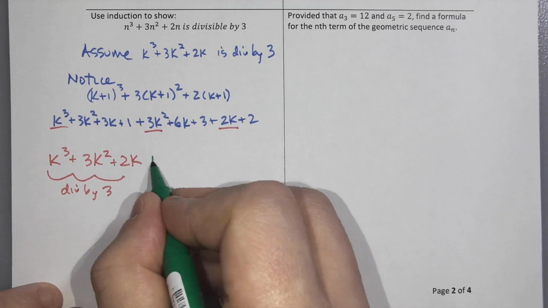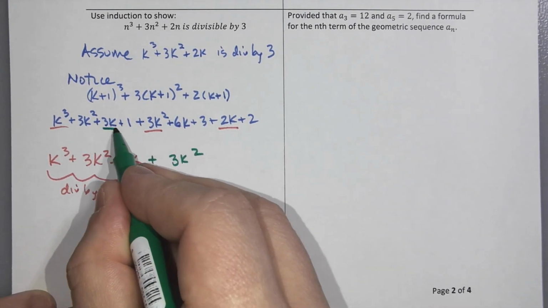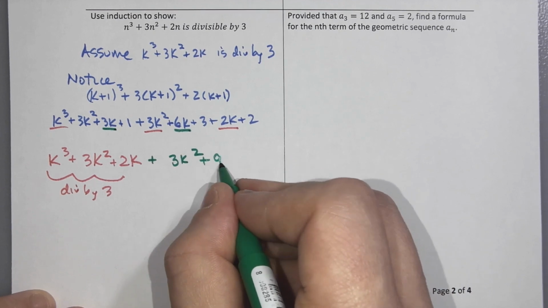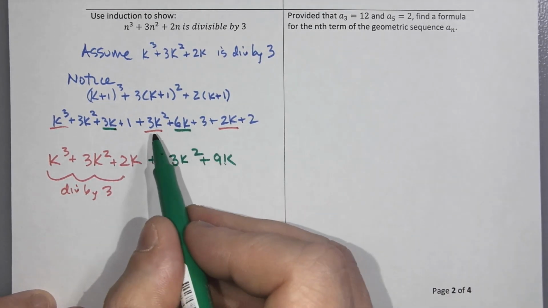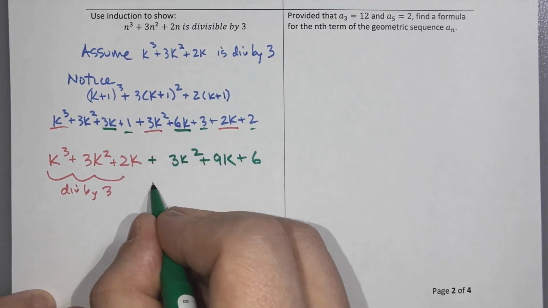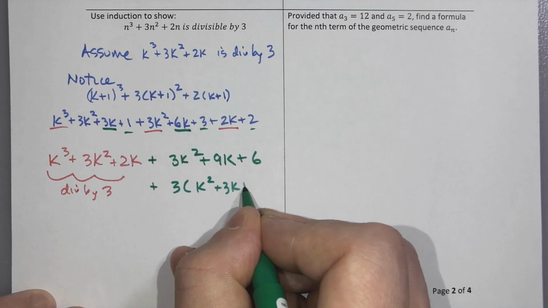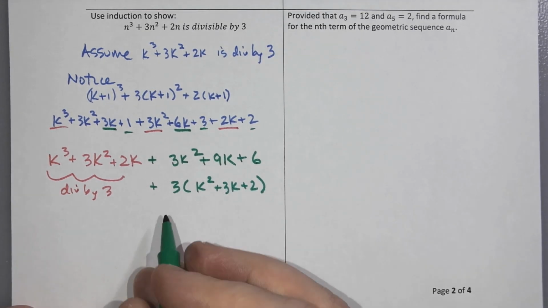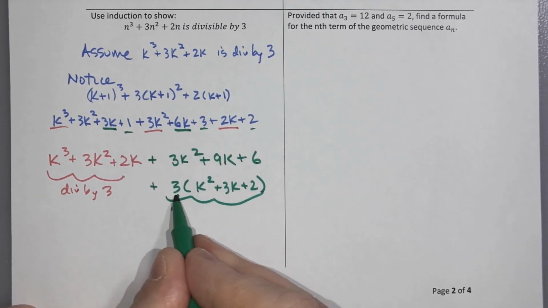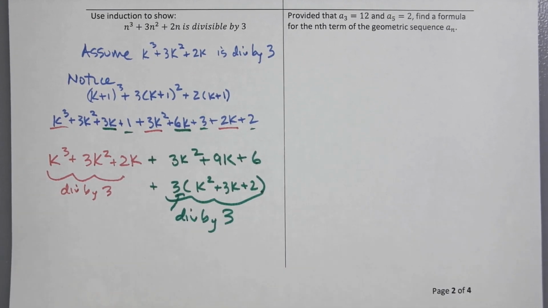And then what's left over is 3k squareds, 9k's, and then 1, 4, 5, 6. So what's left over is 3 times k squared plus 3k plus 2, which I could factor further, but I don't really care because look at that. That's definitely divisible by 3. So we have the sum of two numbers which are both divisible by 3, means we have successfully shown the inductive step.